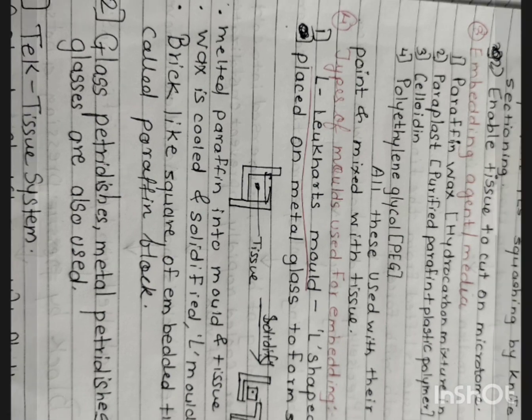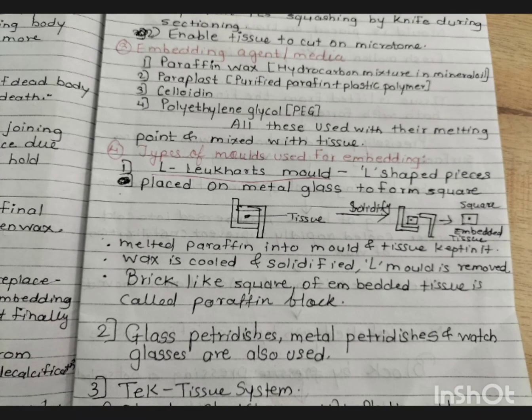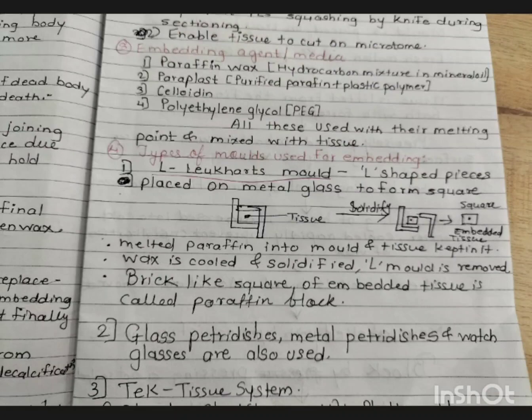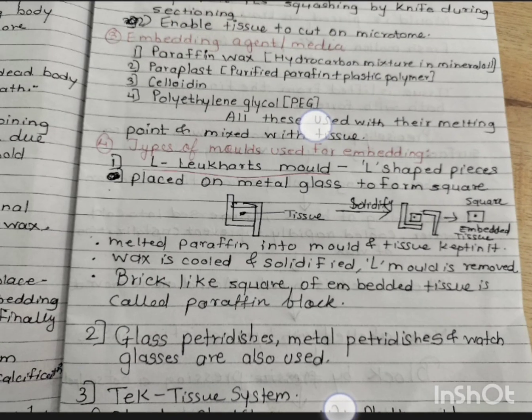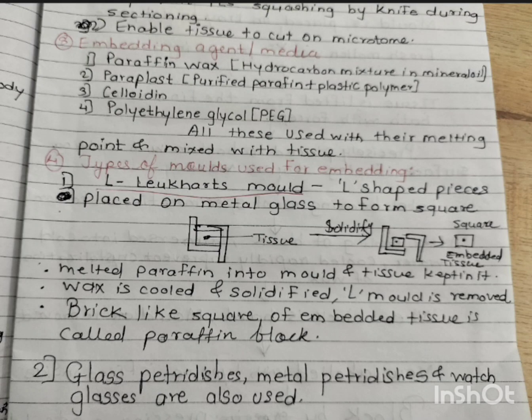After the media, paraffin wax and celloidin, next is the types of mold used. Most routinely, the easy way is the L mold, that is the Leuckart mold. These are L-shaped pieces.